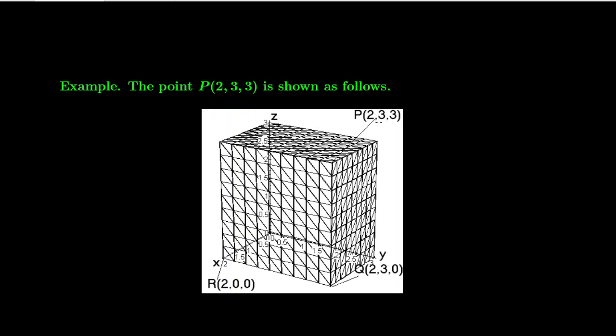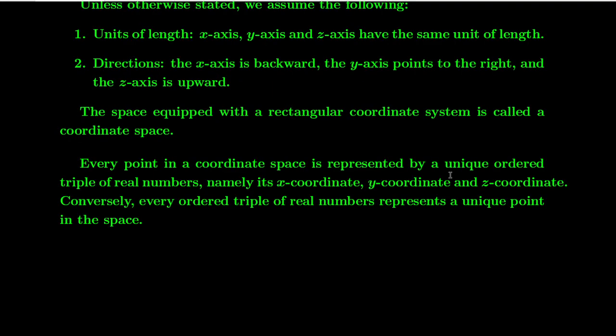I give you a point, you can get the coordinates. The other way around is I give you 3 numbers, the coordinates, and then you can uniquely determine a point. That's what we meant by every point in the rectangular coordinate space being represented by a unique triple of real numbers: x coordinate, y coordinate, and z coordinate.